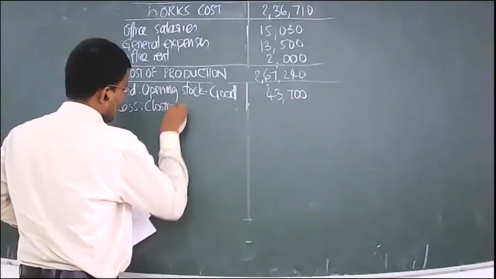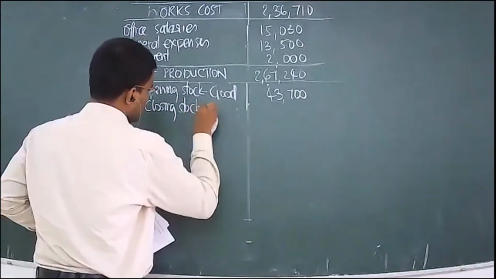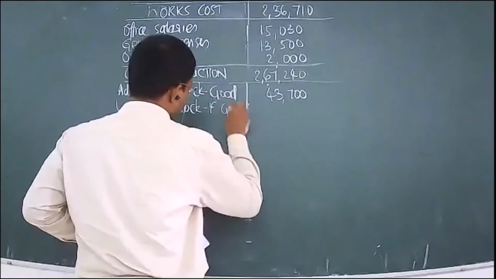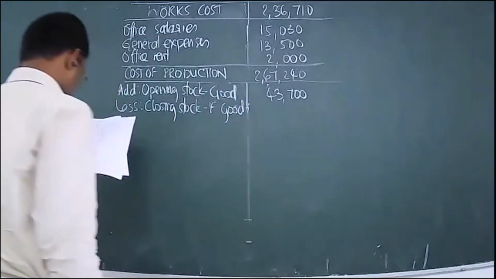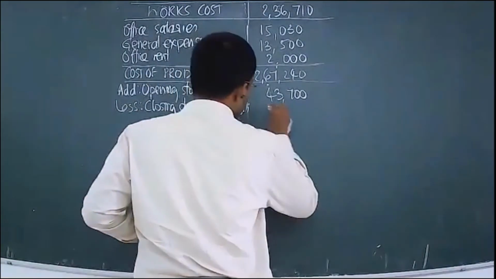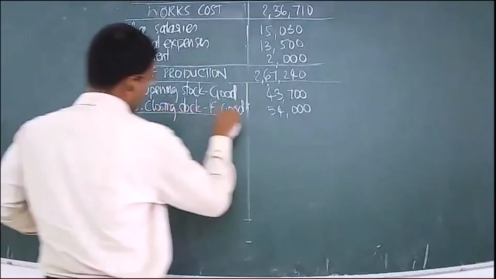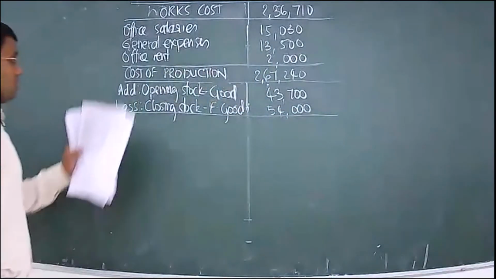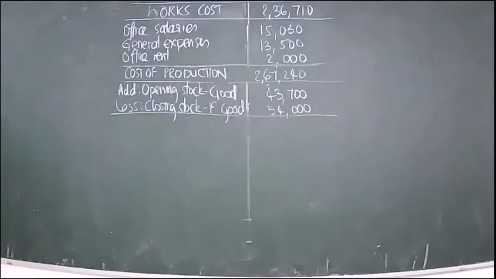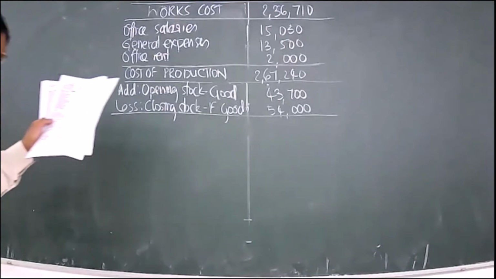Less closing stock of your finished goods, which is 54,000. So when we work out the math, to the cost of production we add the opening stock of finished goods and subtract the closing stock of finished goods.